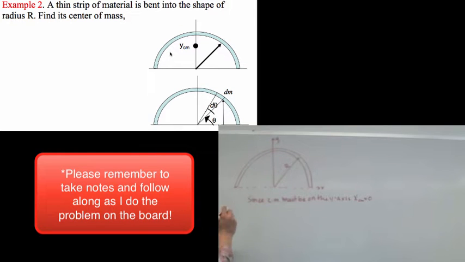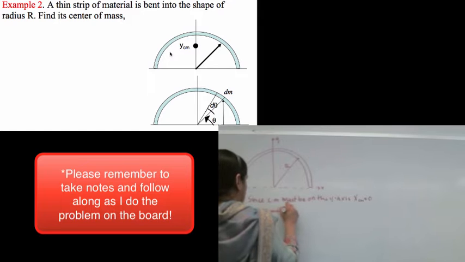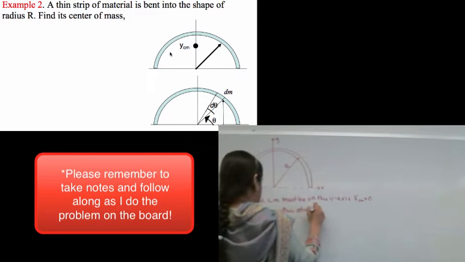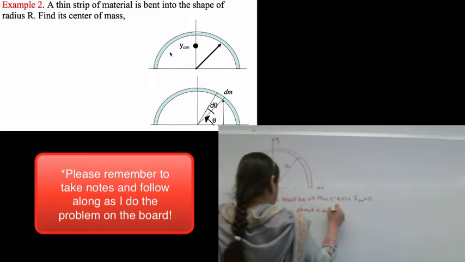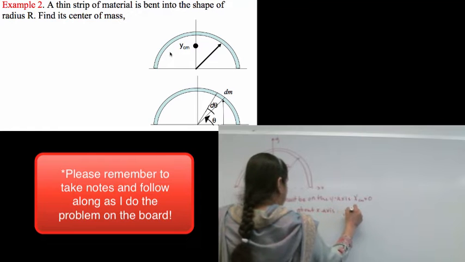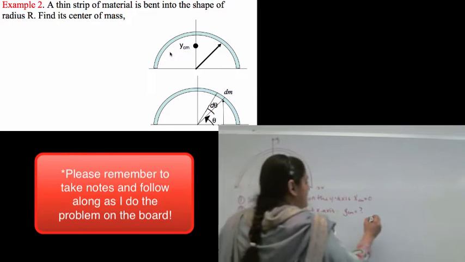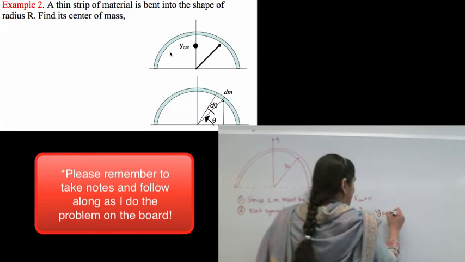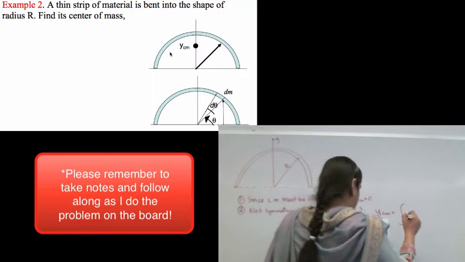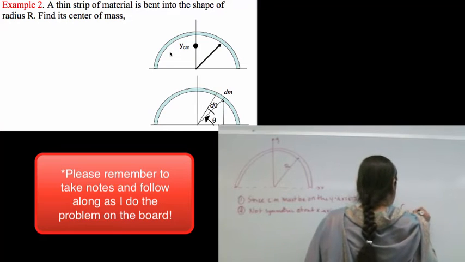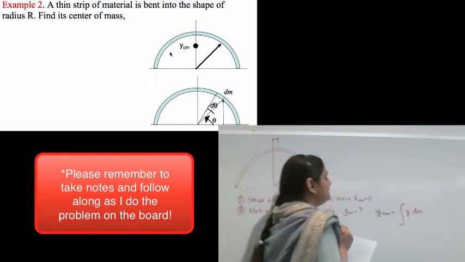But the system is not symmetric about the x-axis. So this means we have to find y center of mass. Now how do we find this? Well, what do we know? We know y center of mass is given by the integration of y dm, right?